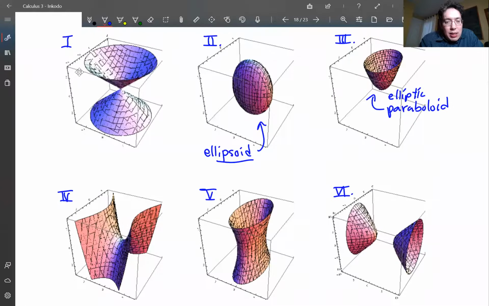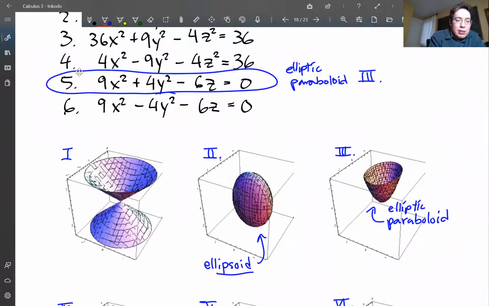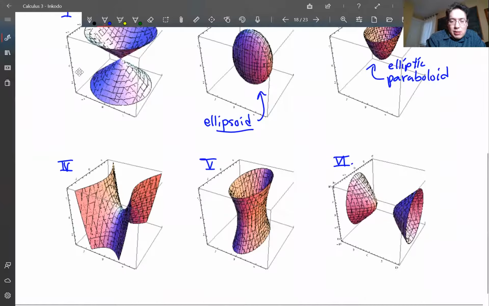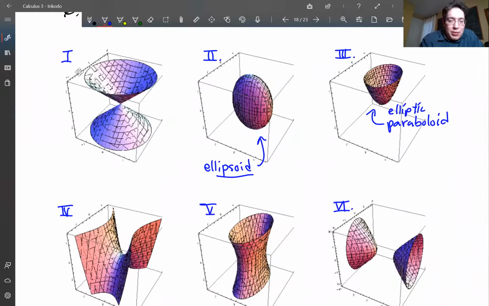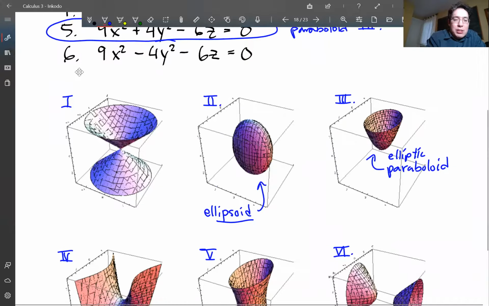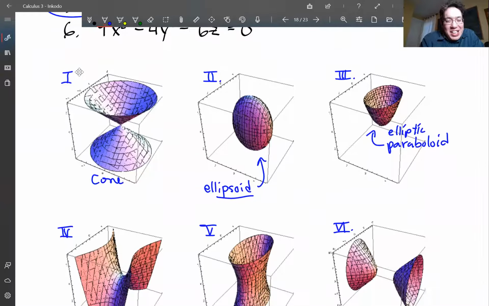Let's see. I think I want to look at this one right here. Okay. So I'm looking at the 4 that's left. So this looks like a cone, right? This thing is called a cone. It looks like a traffic cone that's balanced on its tip.